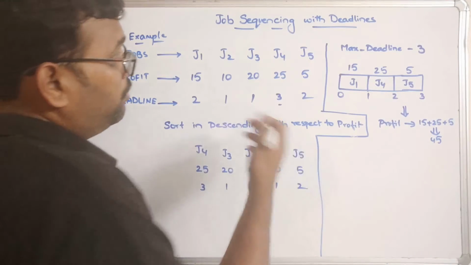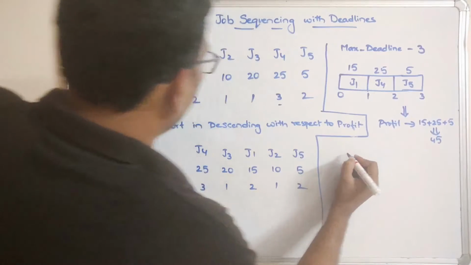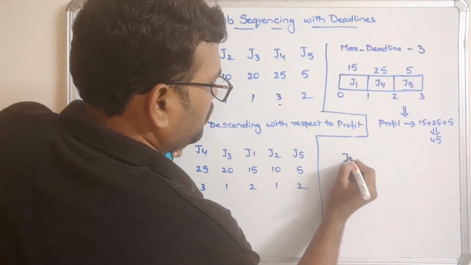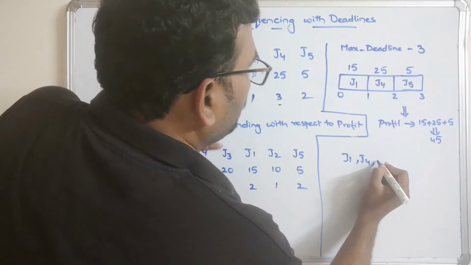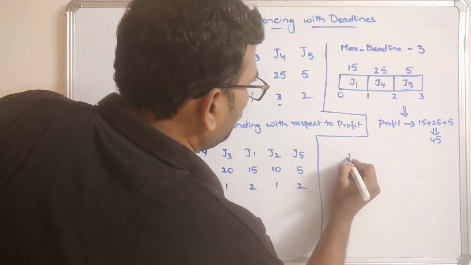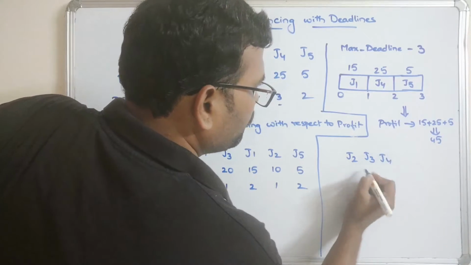Okay, and also we can complete J1, next J4, okay, sorry, already we have done. So we can complete here J2, J3 and J4, right?